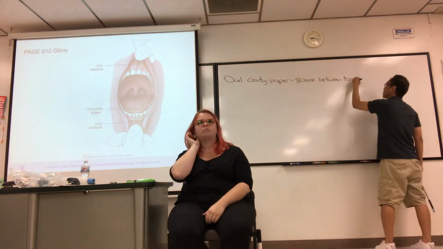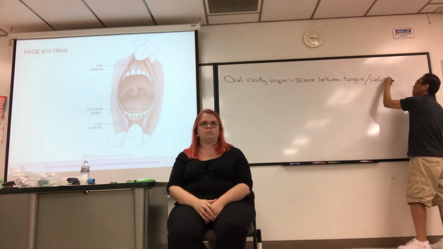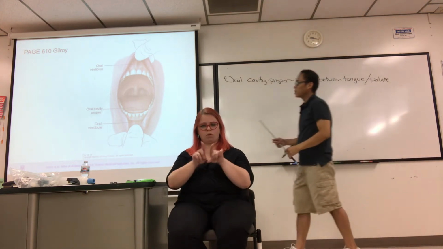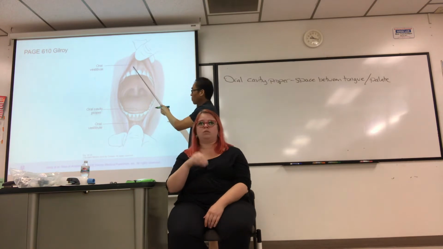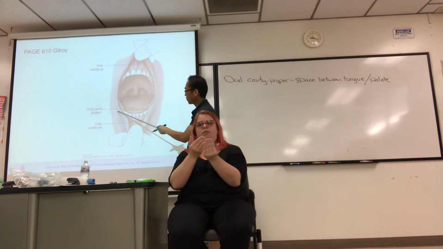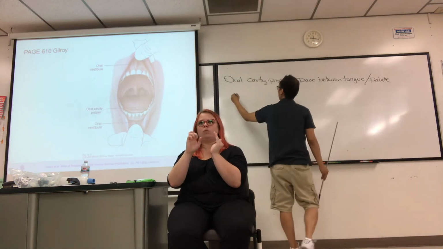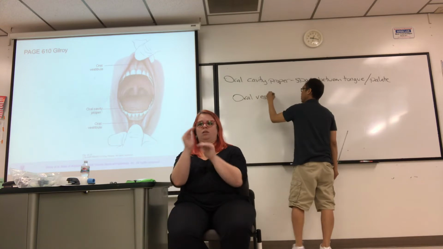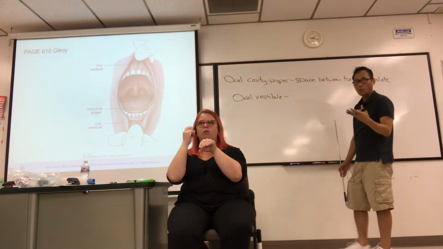You do have a space between your lips and gums. That's called the oral vestibule, okay? Or it could be the space between your cheek and gums. Oral vestibule. Your chipmunk cheeks. You can hold things in there.